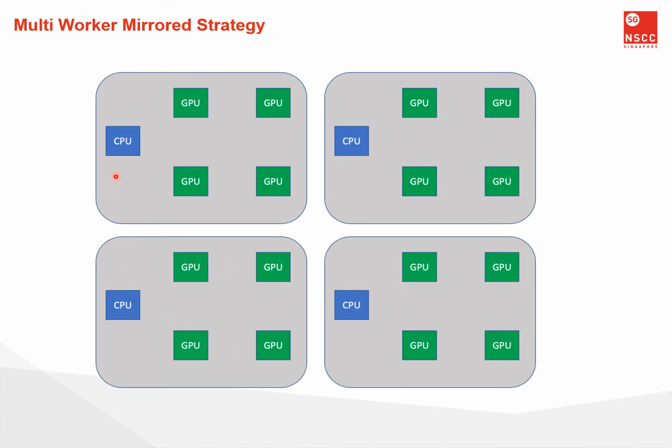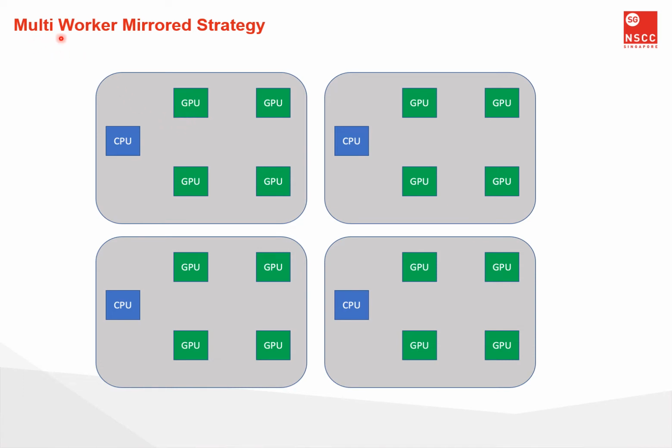Now, as mentioned previously, we have a cluster, and we also have the host computer, which is the CPU address. The CPU still has to be involved in coordinating with the other CPUs because the training process is running on the CPU, and the GPU is only assisting in the mathematical computations.